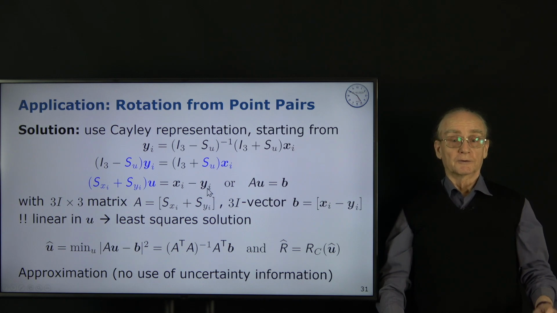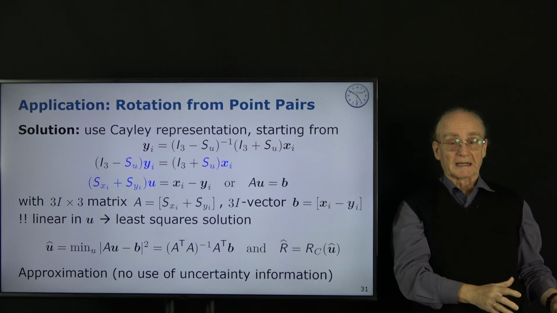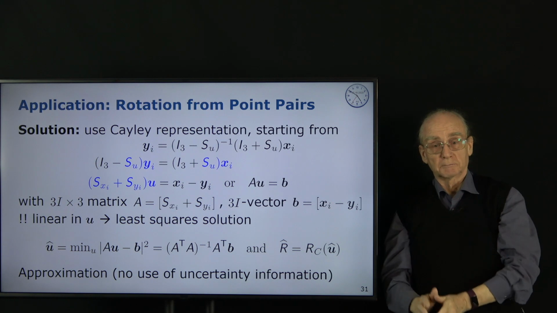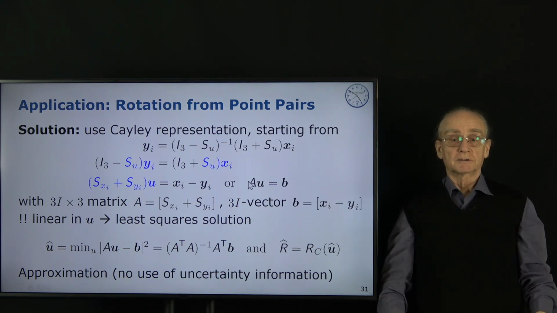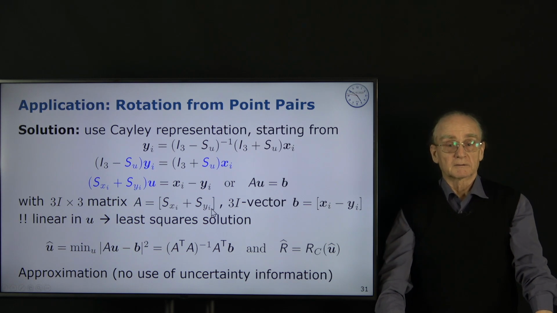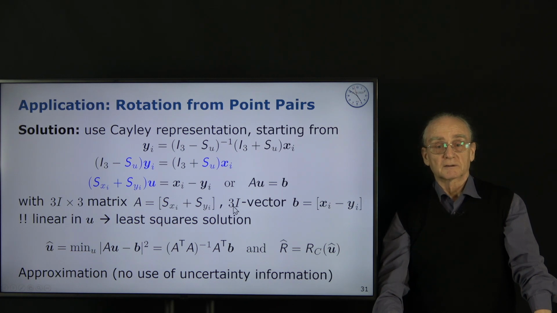for each individual point. And if we now plug all these left factors into a big matrix A, and all the three vectors on the right-hand side in a large vector B, we get a linear equation system A times u equals B. So the A matrix consists of all these sums of the skew-symmetric matrices. It's a 3 times I by 3 matrix because these are 3 by 3 matrices, and it has 3 columns. And the vector has, of course, length 3I because each of these individual vectors has length 3.